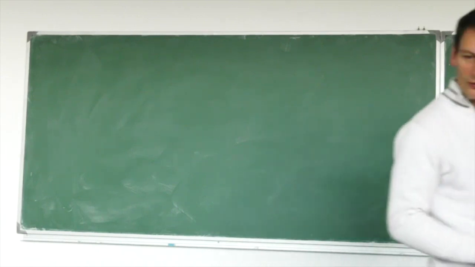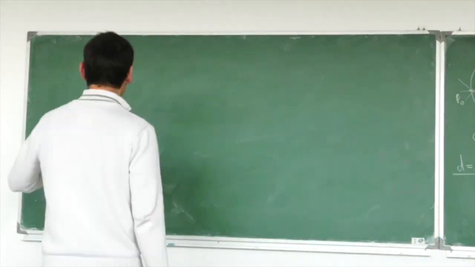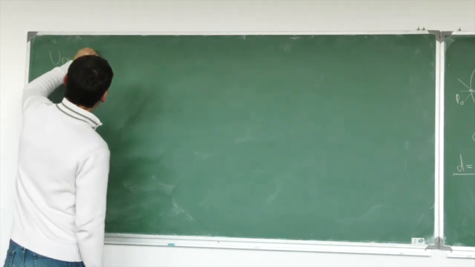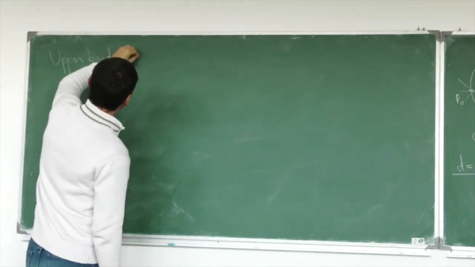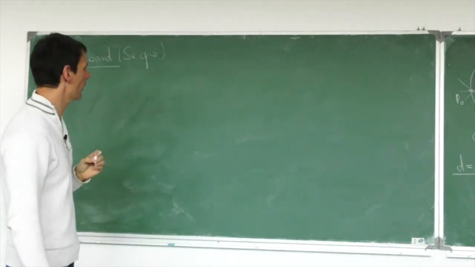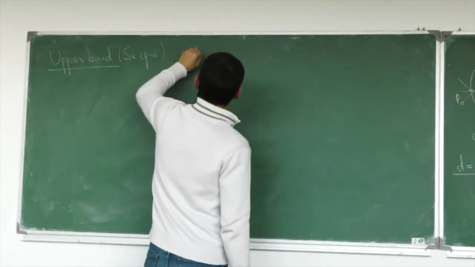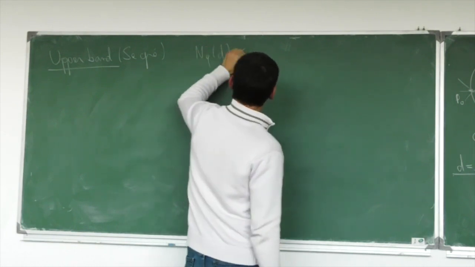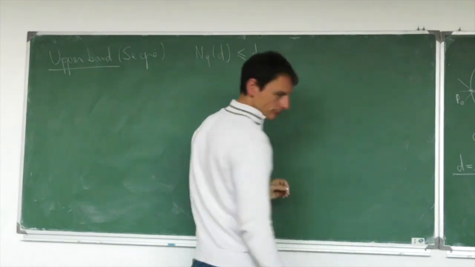And in that case, this upper bound has been proved by Segre. Segre proved that NQ of D is smaller than D times Q.